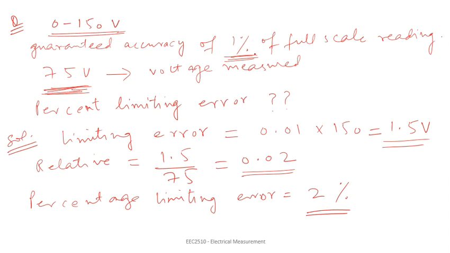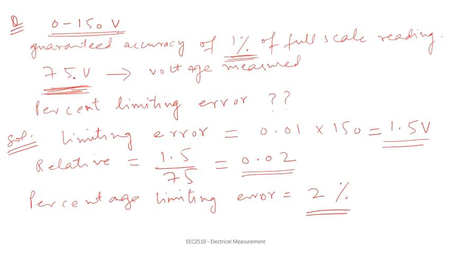So this percentage limiting error will be more if you measure a smaller voltage.